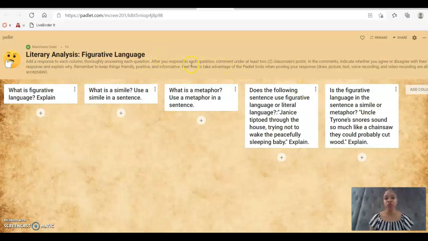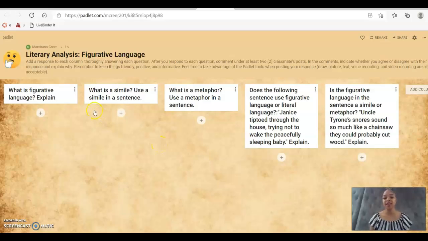Next, after you've responded to each question, you're going to comment under at least 2 classmates' posts. So after your classmates have responded, you're just going to comment on them and say whether or not you agree with the post.